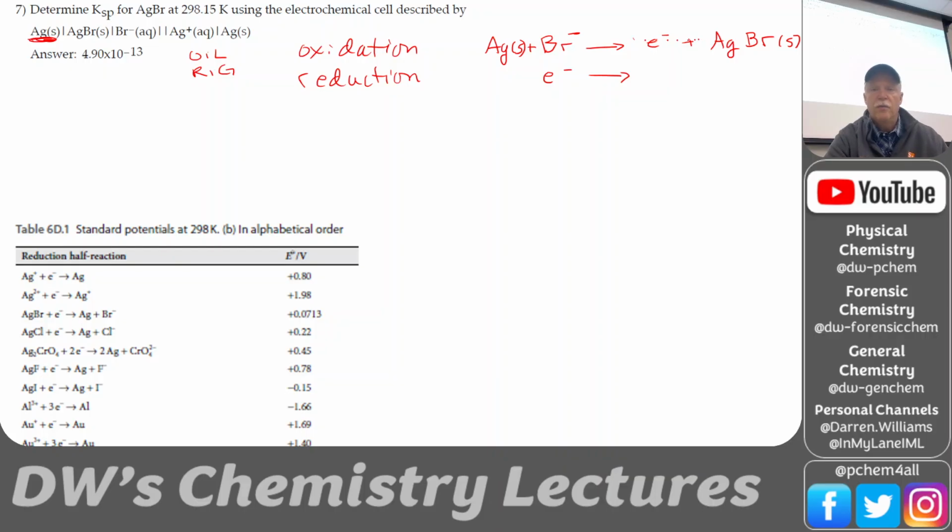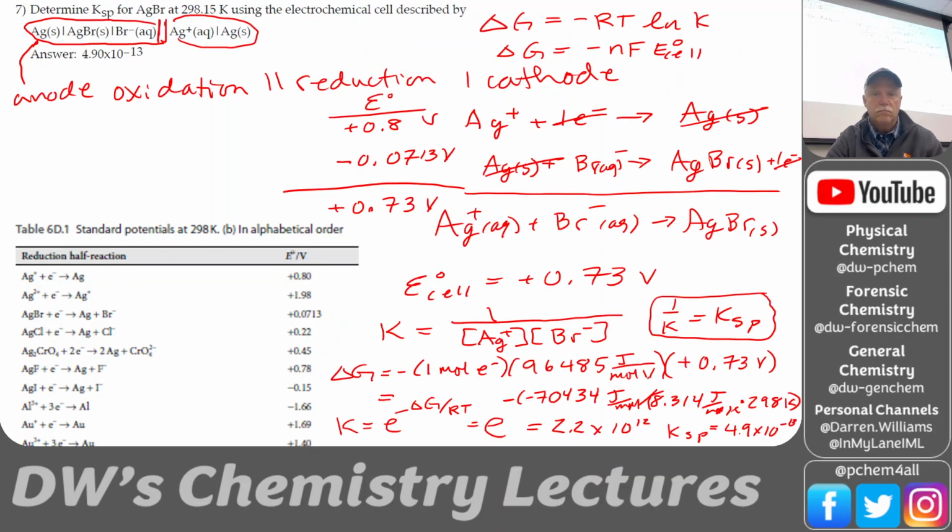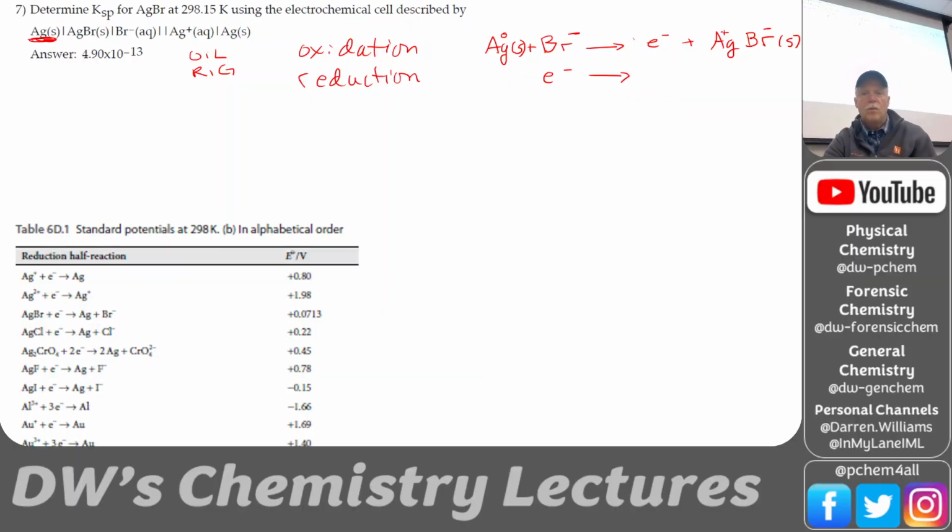Do you see that? Now what we've done is we've essentially stolen the electron from the silver solid. So this is 0 here, and then inside this compound we have a silver plus and a bromide minus. That's an oxidation reaction because we're stealing that from the silver solid. So that's our oxidation reaction.